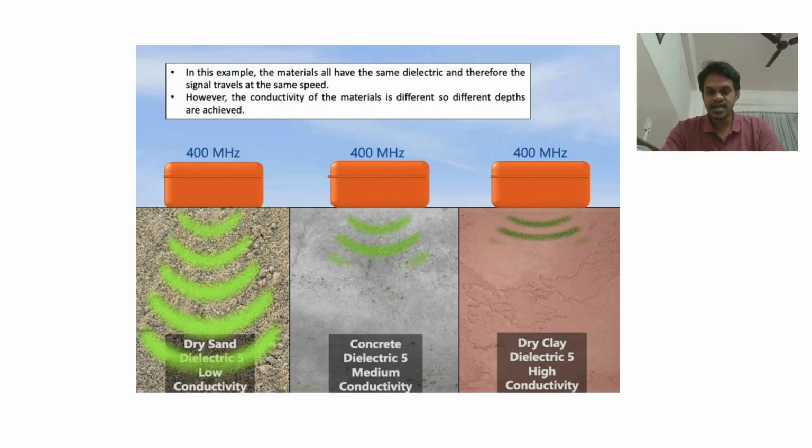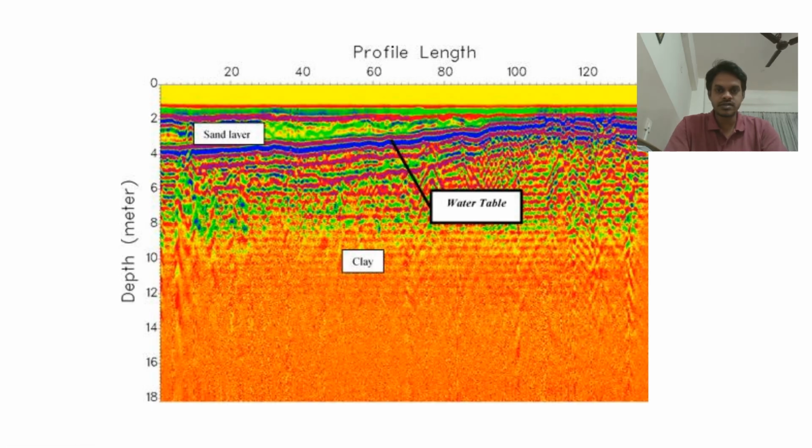And this higher electrical conductivity is a negative thing, it's not suggested for GPR. Here you see an example, a sand layer and a clay layer and also the water table, because instead of allowing the wave to travel through the ground, the ground starts absorbing the energy, and this we call attenuation. In simple words, the signal becomes weaker and weaker as it travels.